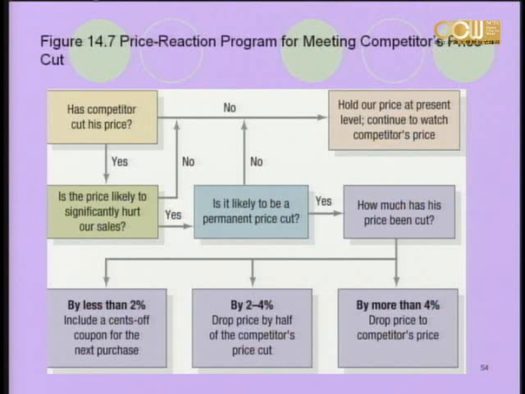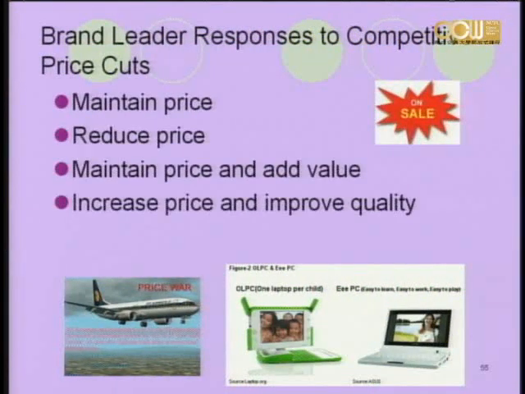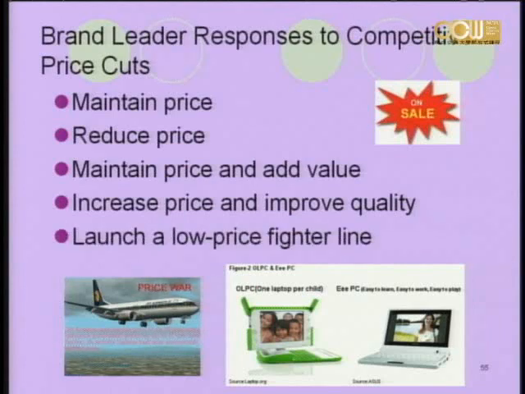So read carefully. All right. So there's a situation. Let's then buy this one and so on. So these are really not just reacting immediately to the price cut, but thinking carefully about why they want to cut, what happened to that, what's the price sensitivity, and all the things to consider. All right. So this is meeting the competitor's price. There's a floor here. And yes, of course, there are many ways to do it. Maintain price, reduce price, maintain price, add value.